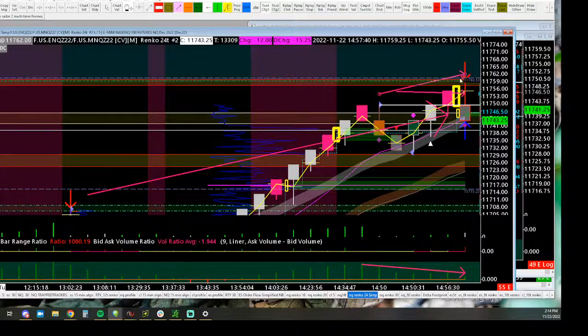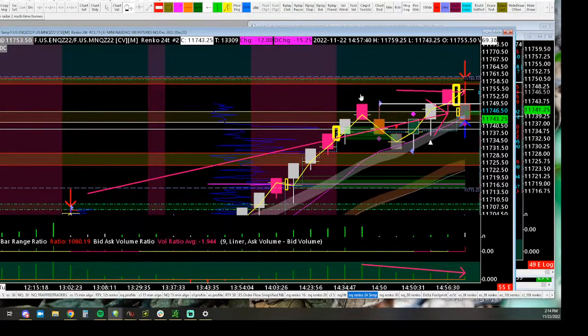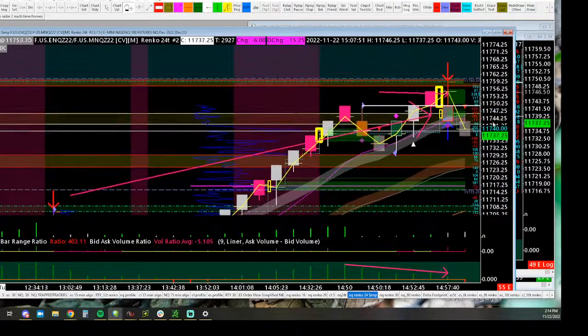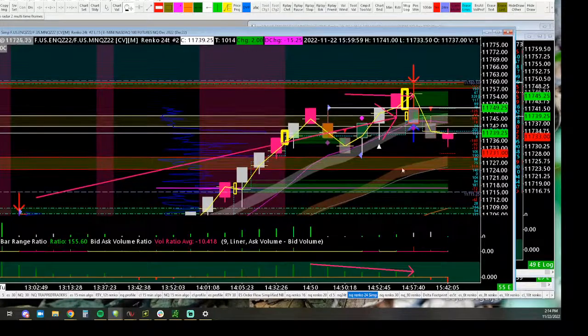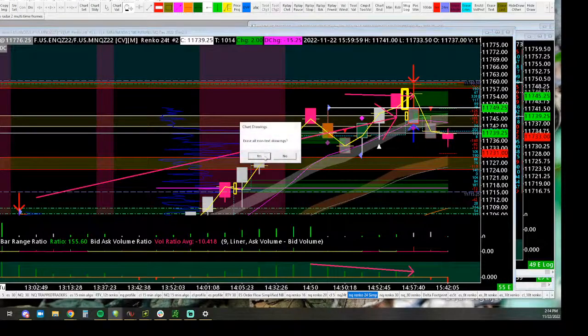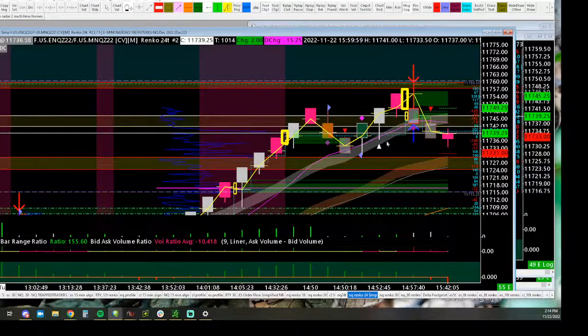Notice you have an absorption of buyers and an absorption of sellers on the same bar, which is weird. But it's the end of the day, so weird stuff happens. And so you have a bunch of big sellers there, and now you're under them, right? You're under those sellers. But it's not bearish, really, until you can get price and volume below this 11,716.